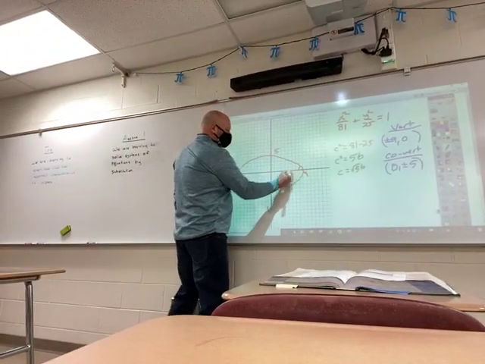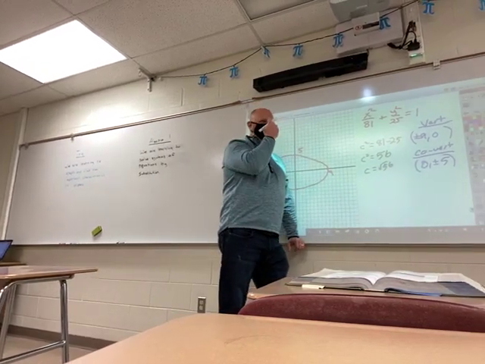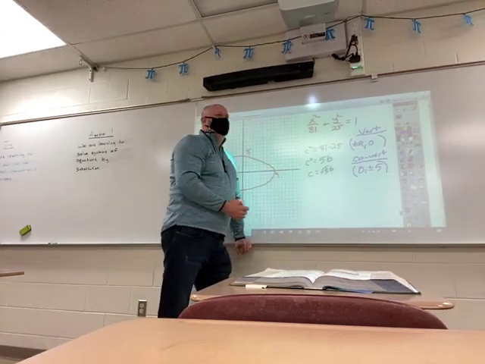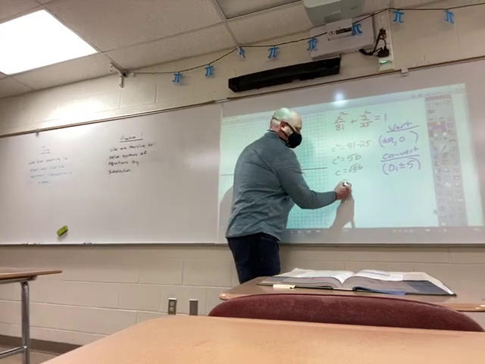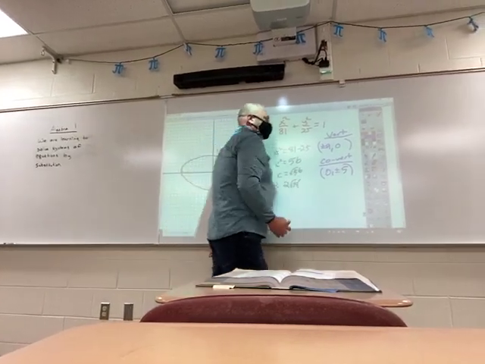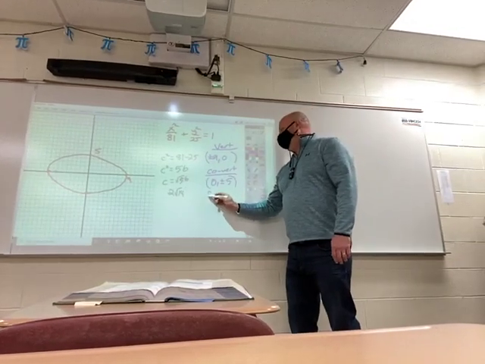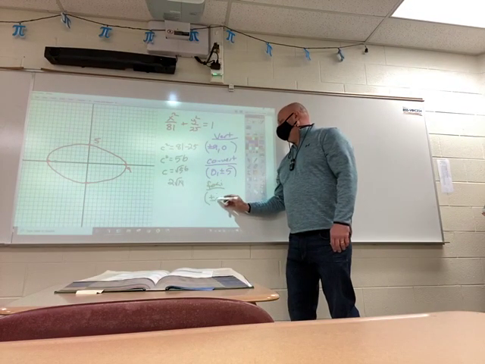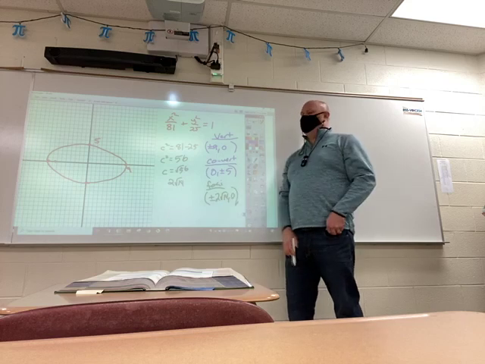So somewhere in here. And then simplified, what's half of 56? That'll be 2 and 28, 2 and 4, so that'll be 2 root 14. So which way? We went right and left, so our foci would be at plus and minus 2 root 14, 0.